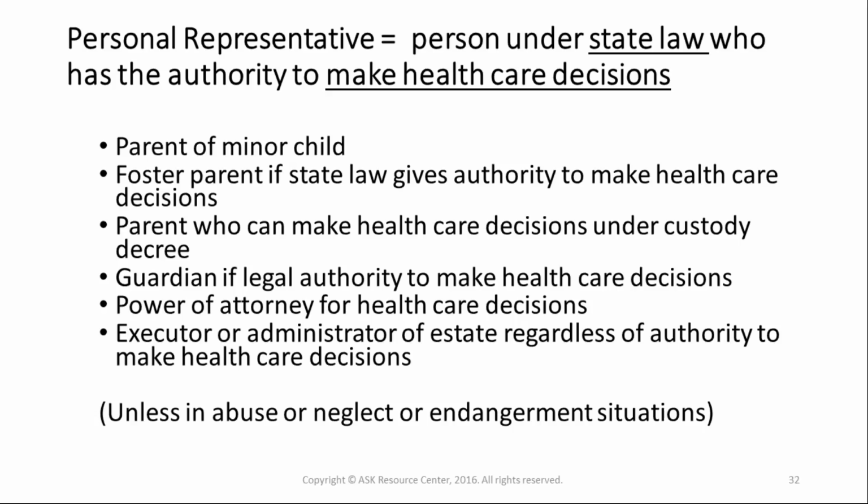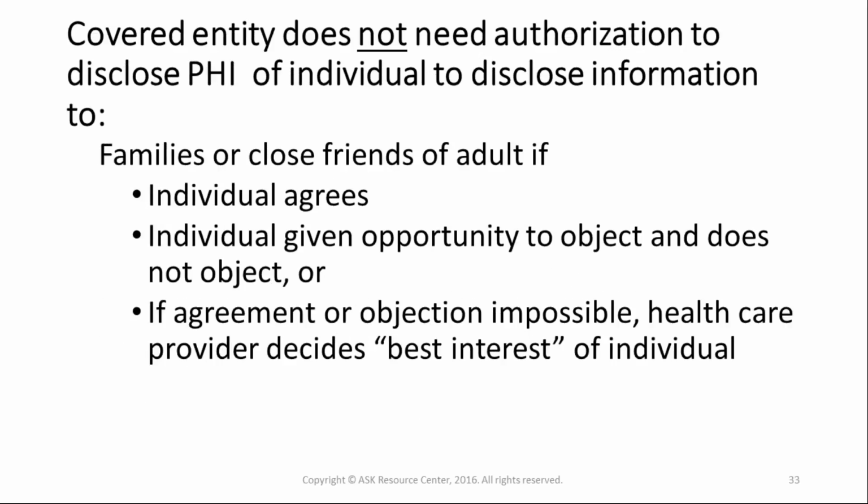If it's an abuse or neglect or endangerment situation, that personal representative may not have the authority to get the protected health information. A covered entity also does not need authorization to disclose PHI of an individual to families or close friends of an adult, meaning over 18 and no guardian.